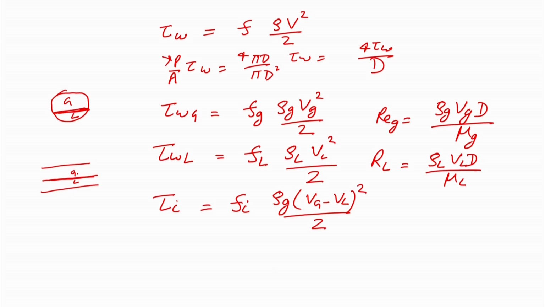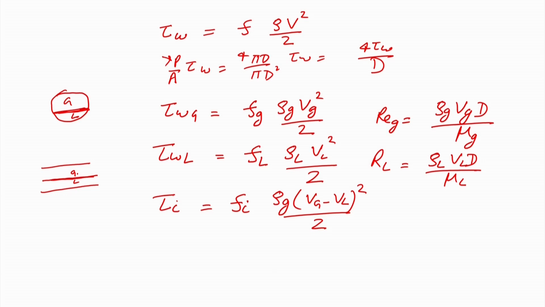One can ask why rho g, why not rho L? We have defined it in that way because the rho L value is large, so the interface stress values would come out very high. In this case, the gas phase, which has a lower density and viscosity, is going to dominate the overall interface stress.